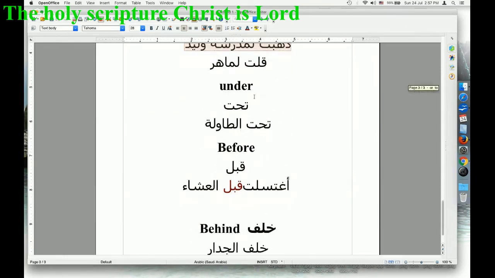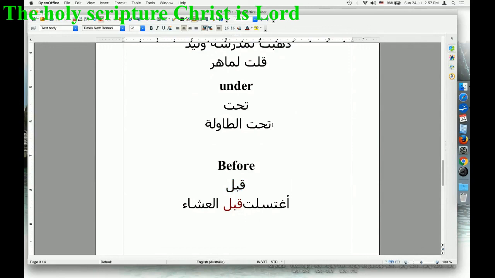Here we learned about under, which means تحت, like underneath, تحت الطاولة, تحت السقف, تحت السماء, under the sky. Anything is under, there's something above and something under, you can say that. Even if it's metaphorical, you can say under pressure. So under pressure will be تحت الضغط.